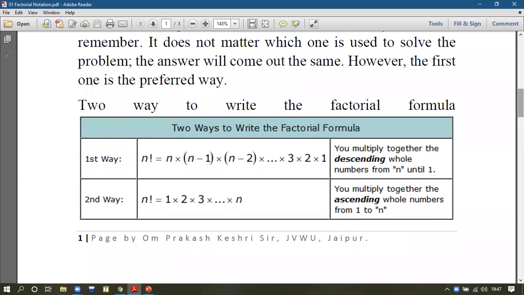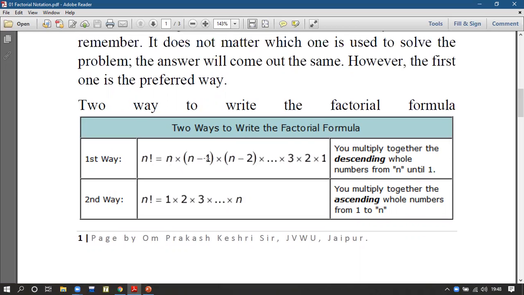Now, in a similar way, we can find the factorial for n terms. There are two ways of writing the factorial formula. The first way is n factorial equals n into n minus 1 into n minus 2 into dot dot dot into 3 into 2 into 1, that means descending order.